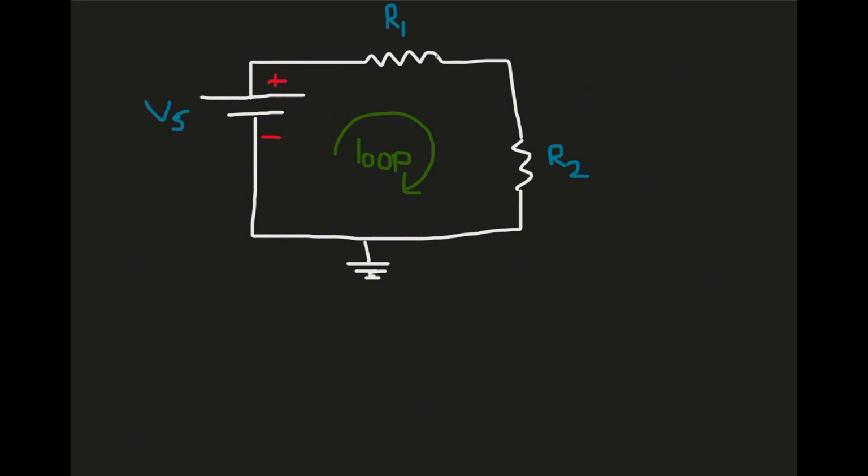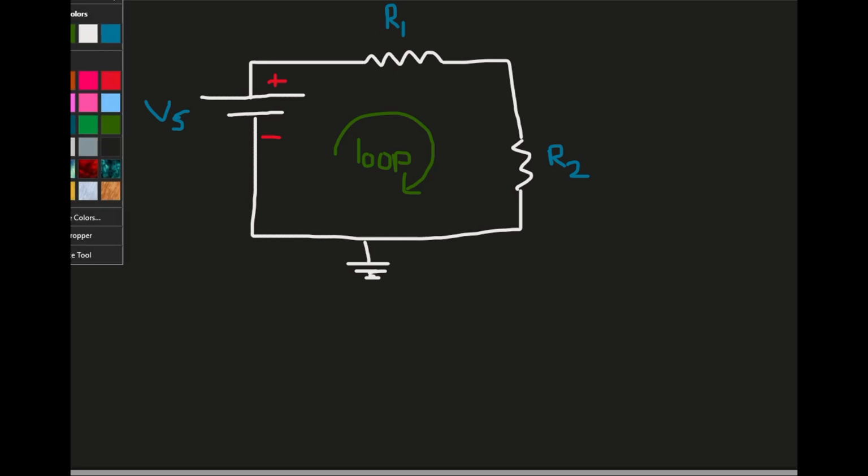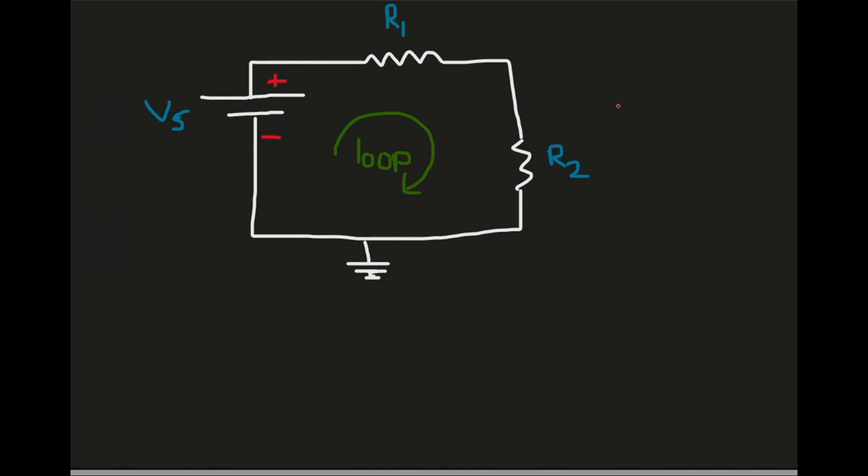So in this example, we will be using Ohm's law and Kirchhoff's voltage law to find the general equation for this circuit right here. In the circuit we have a battery that goes from a low to high potential and 2 resistors. So first we need to label it. As you can see, it goes from a low potential to a high potential.